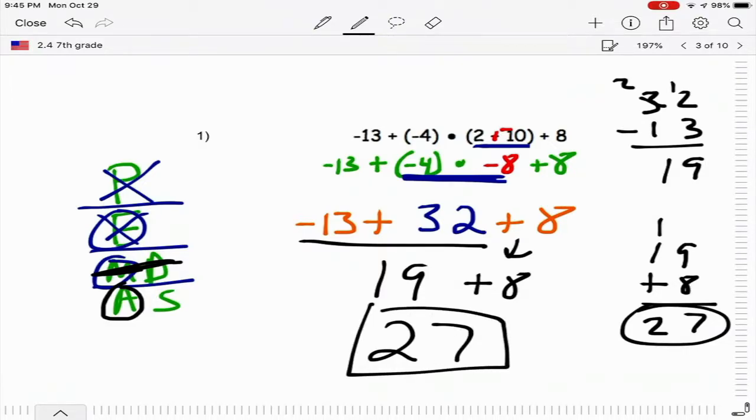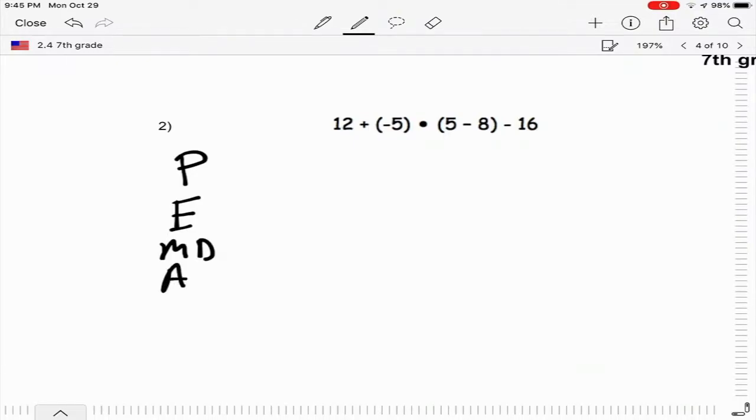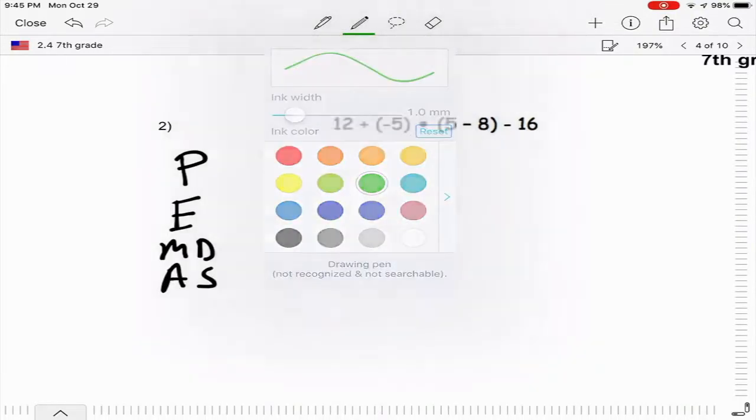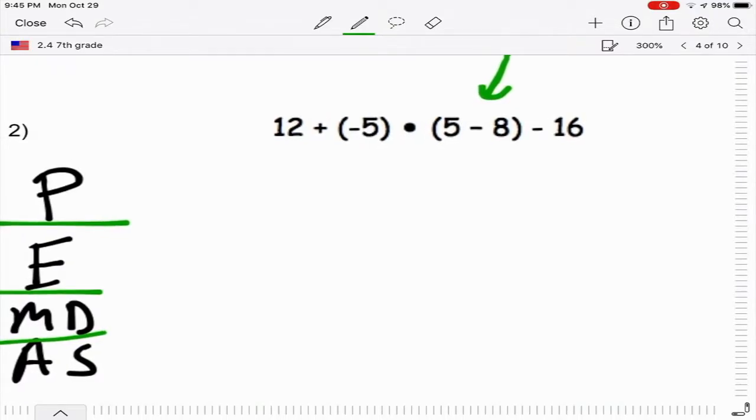I'll do one more with you, and then you can do the rest on your own. Once again, here I see more than one operation, so right away I do PEMDAS. And the first step is to do parentheses. That -5 is not real parentheses. Real parentheses is the 5 minus 8 because you have an operation inside the parentheses. So I'm going to do 5 minus 8 first.